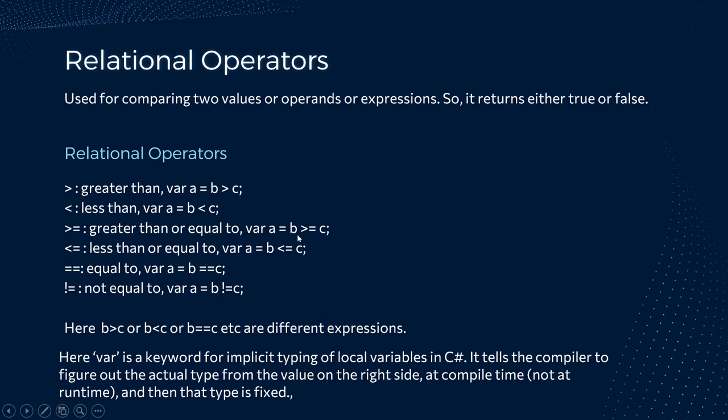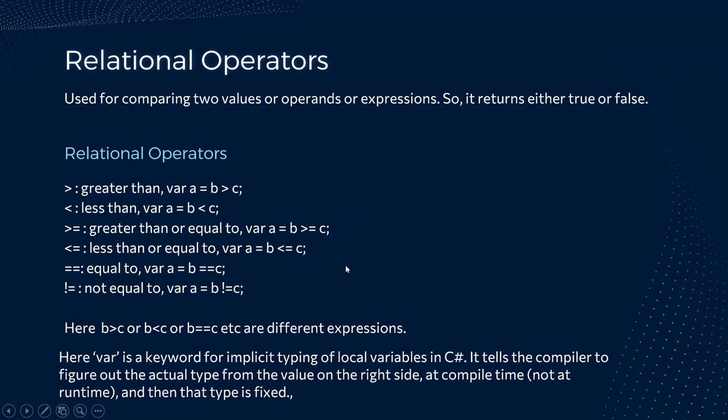So in this example, where A is equal to B is greater than or equal to C, the output of B is greater than or equal to C will always be either true or false. So whatever the output from the right hand side is, the type of that output is the type of this variable. That is the meaning of var.